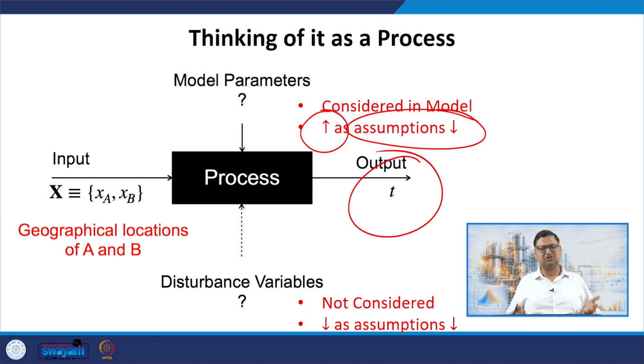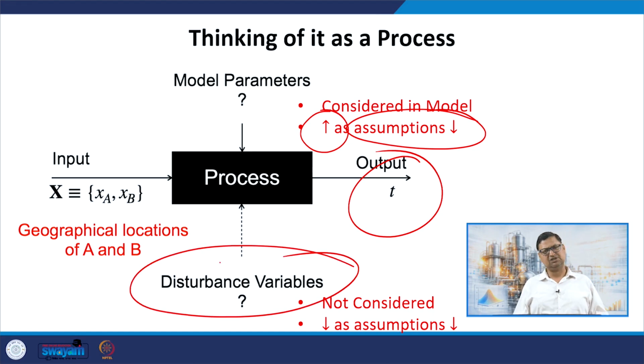So there are going to be disturbance variables which I am not considering in the model, and for the sloppiest model, you will have plenty of disturbance variables which can affect your results because you have not considered them. And as we do more and more complicated models, as we begin to relax the assumptions, we are going to have a lesser number of disturbance variables, right?